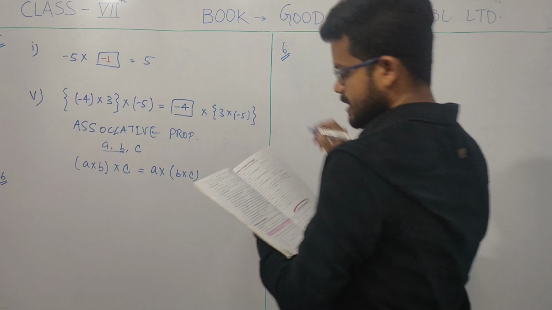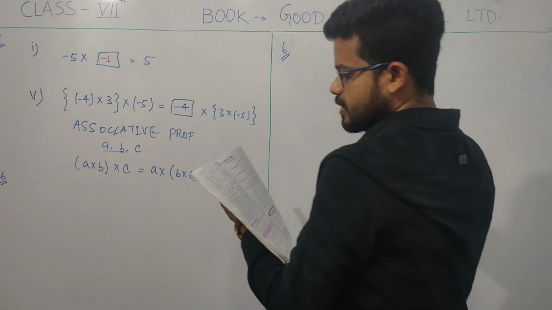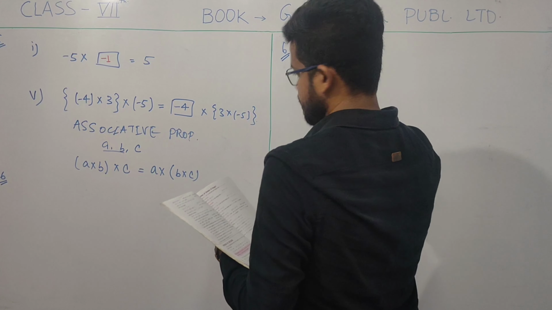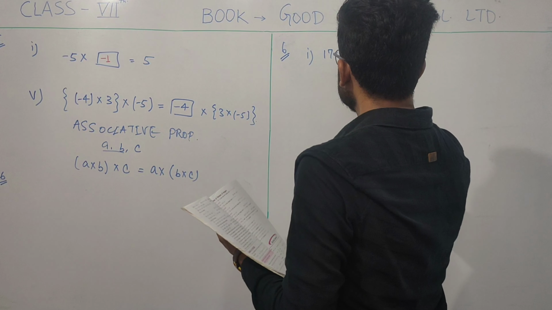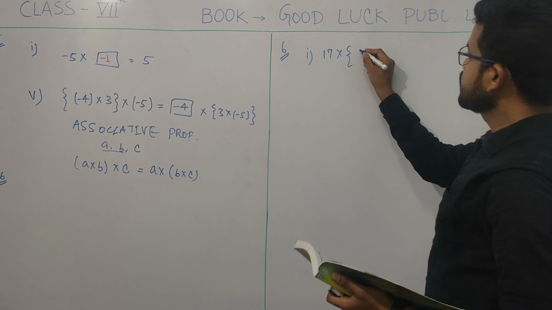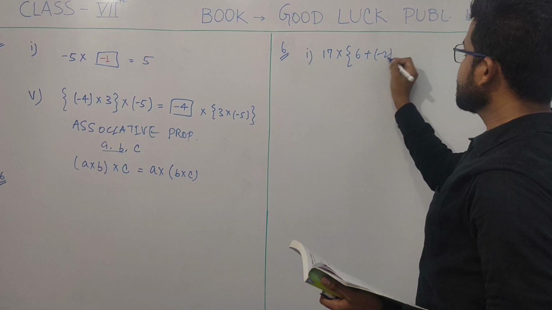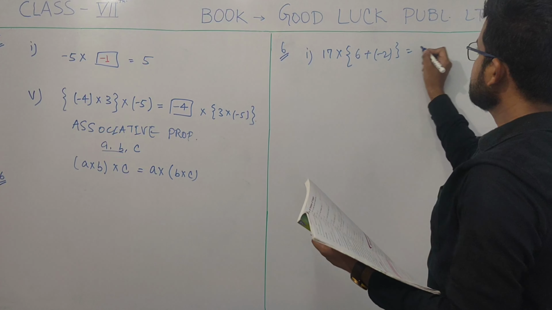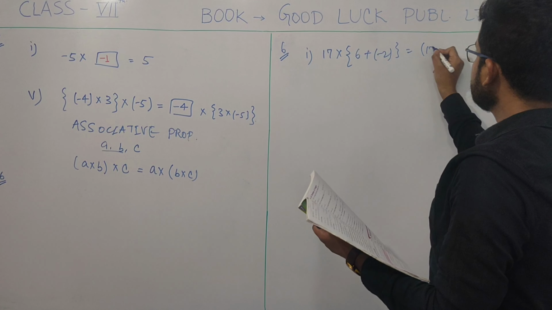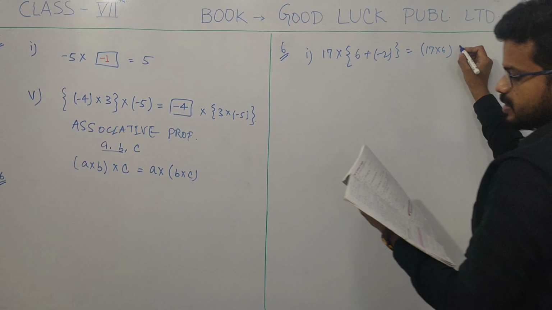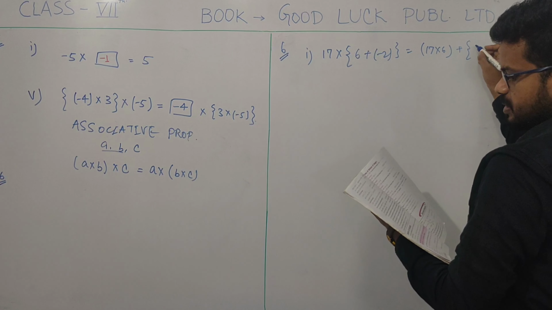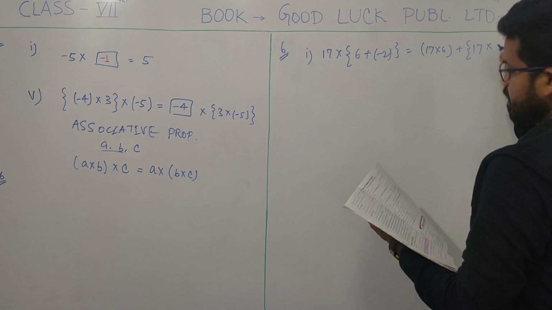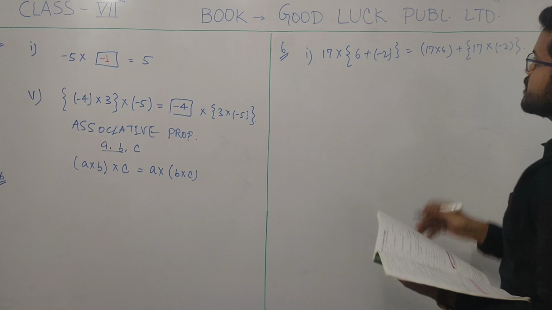Question number 6. First one is 17 into 6 plus minus 2 is equal to 17 into 6 plus 17 into minus 2. This is the question.